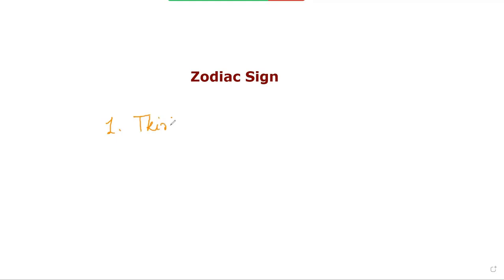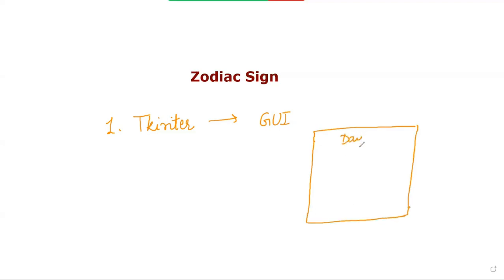We need the Tkinter module because without the help of the Tkinter module, we are not able to make a graphical user interface. Now, how our interface will look like? Now, first of all, we need to enter a day, that is the numeric value.